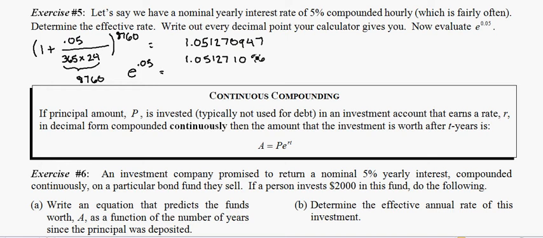Now I really want you to understand what that means. Take a look at how close these are. They are so close. And it basically means that multiplying by this quantity, which is what I'd multiply by every year, is the same as multiplying by this quantity.